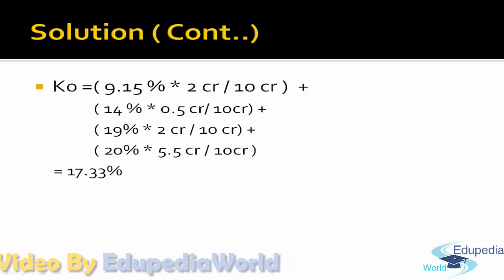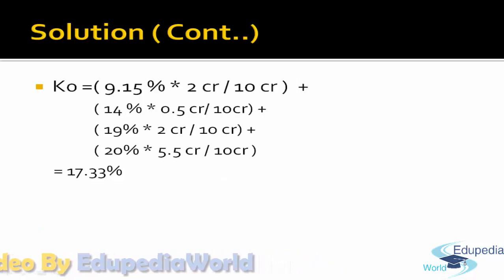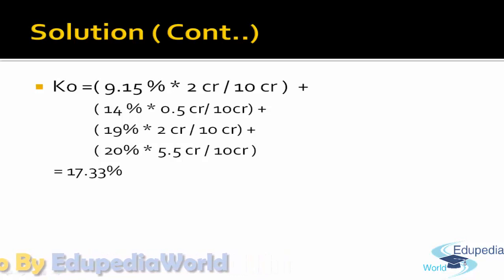So in order to compute the overall cost to the company, we take the respective cost into their weights. So 9.95 into 2 crore by 10 crore, 14% is the preference share cost with its weight, 19% is the cost of retained earnings, for the 2 crore that we have in the business, we have used cost of retained earnings.